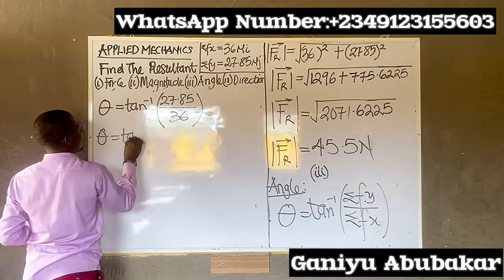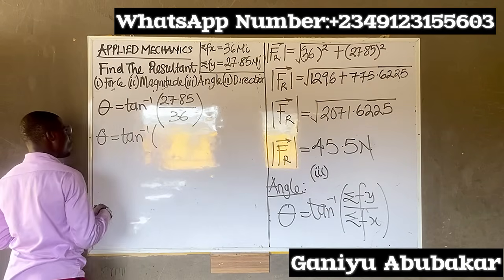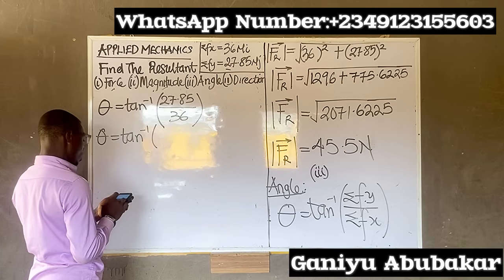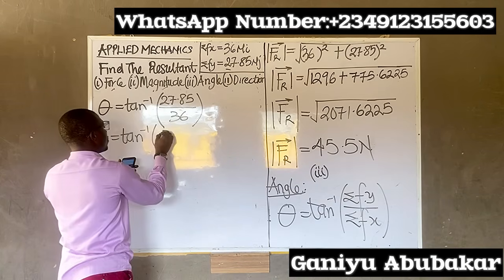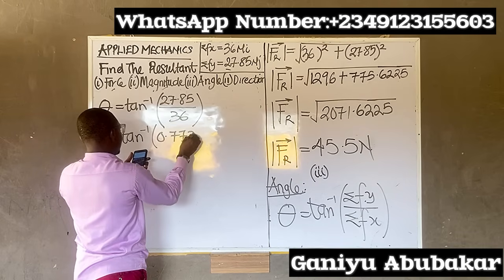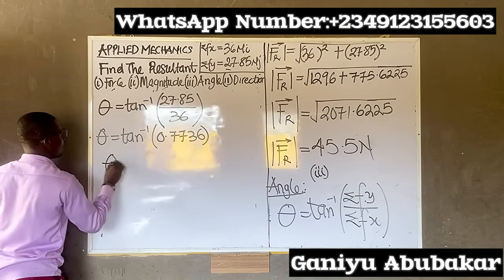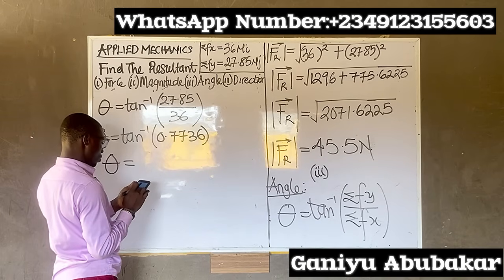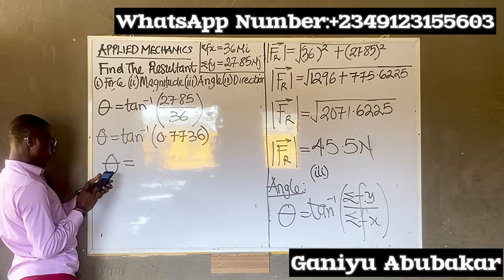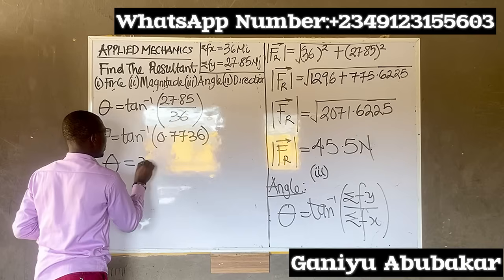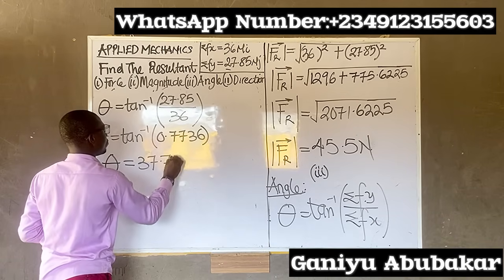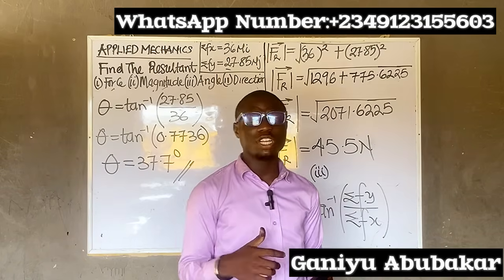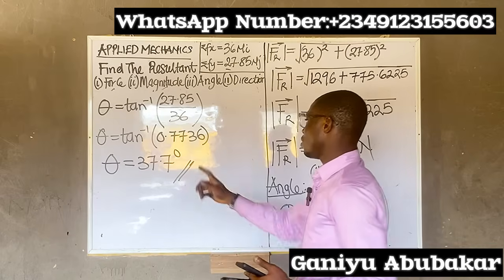Theta equal to tan inverse of 27.85 divided by 36. That gives 0.7736. Take the tan inverse of the value 0.7736. That's 37.7 degrees. That is your angle, right? And the angle is positive. It means it will be in the first quadrant. That's a hint. All right.